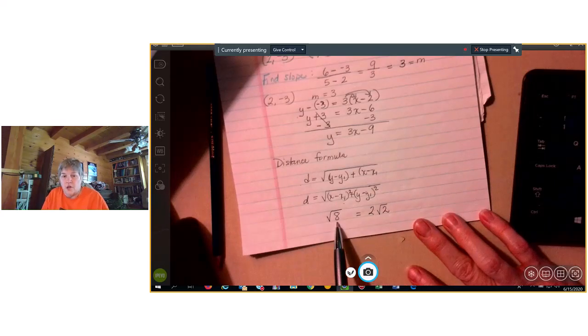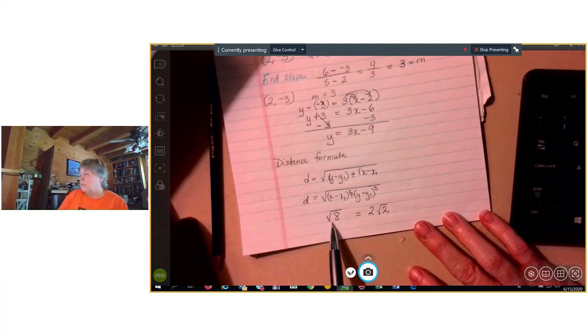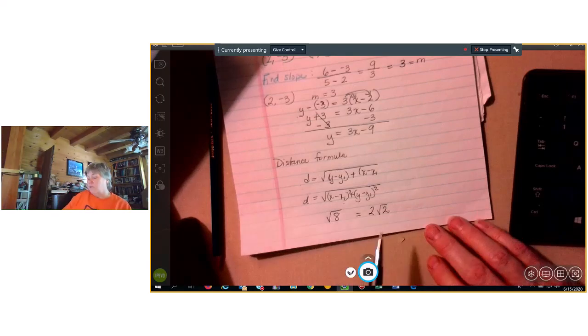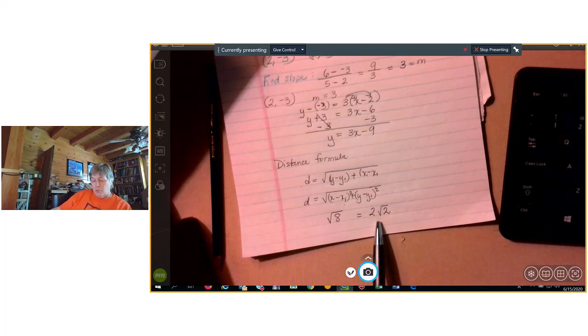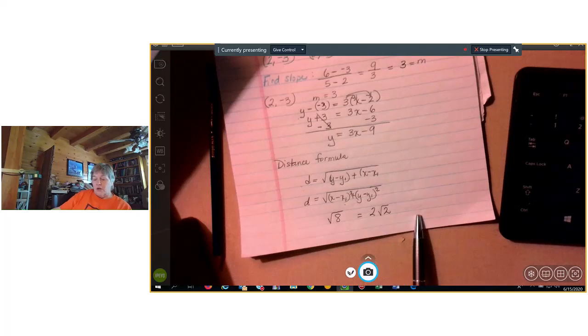Because then if you have to go back and do some work, it's just easier to work with a square root like this.